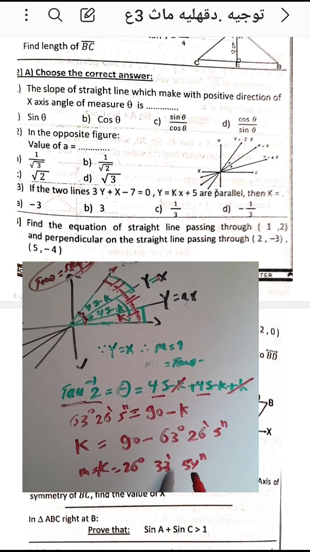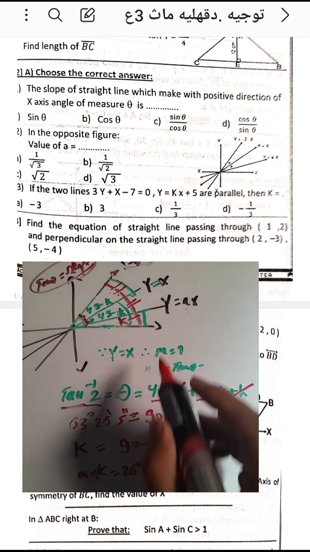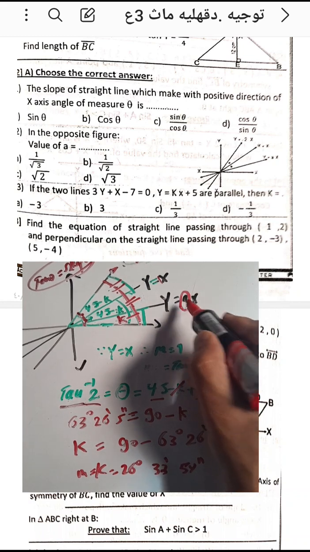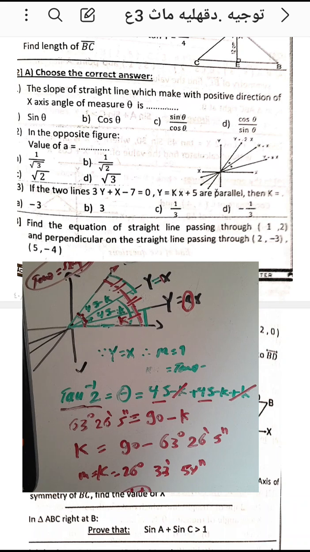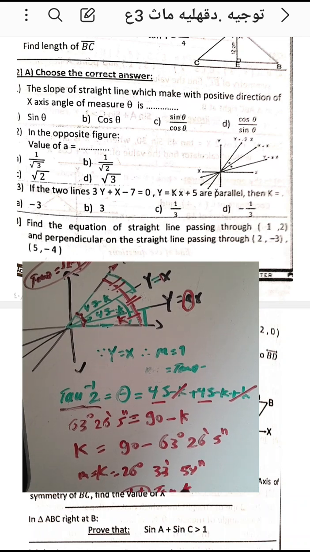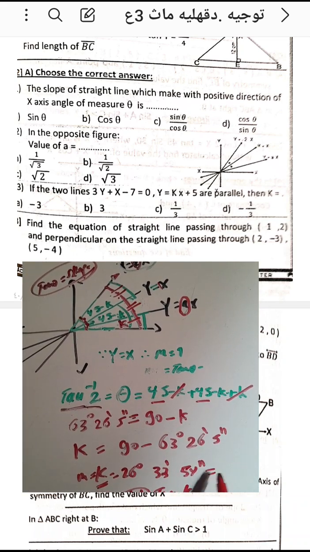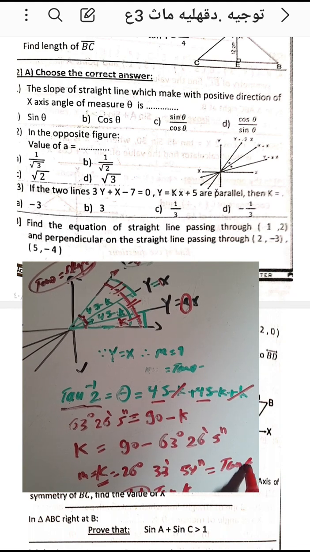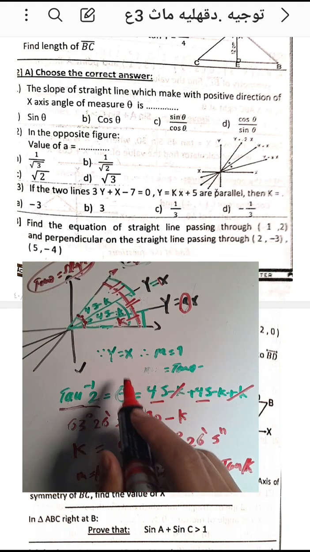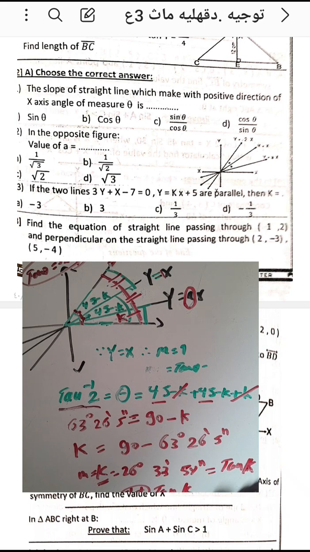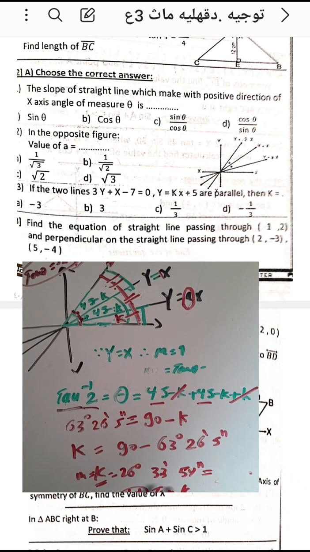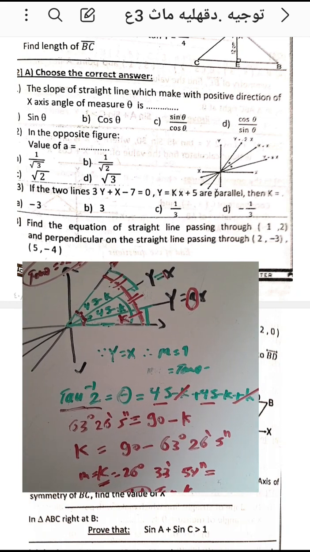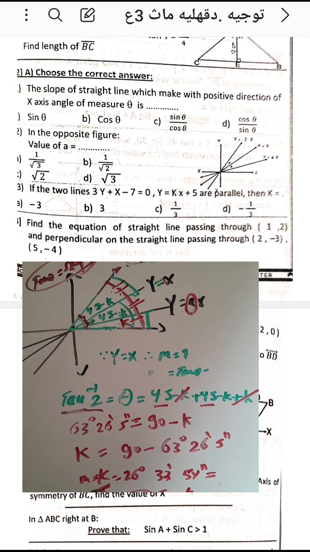Then we can find A here, it's a slope. A will be tan k, because the slope equals tan k.